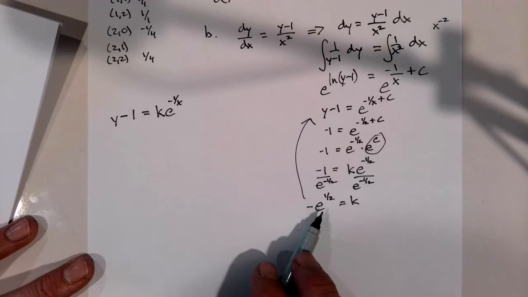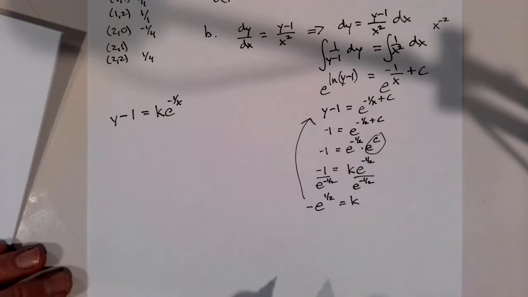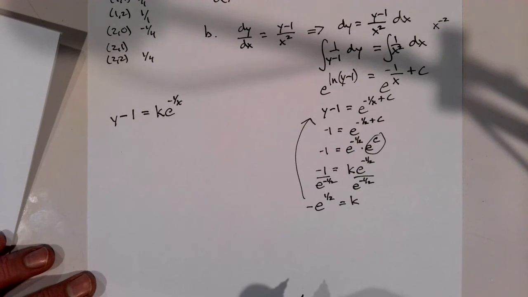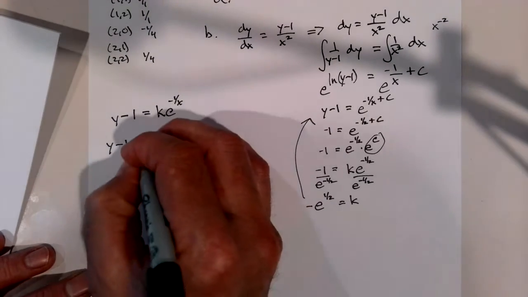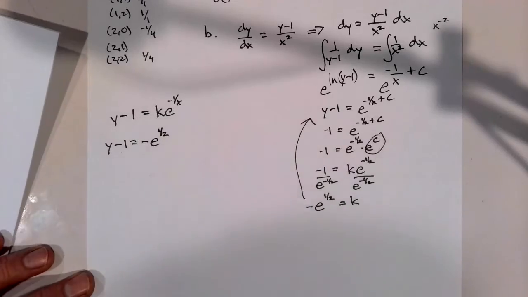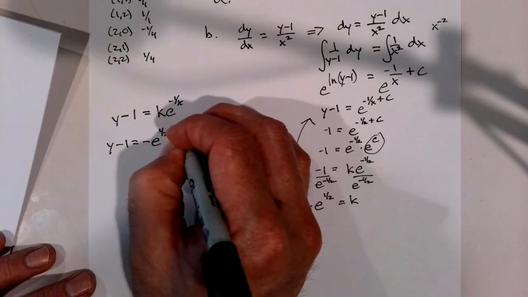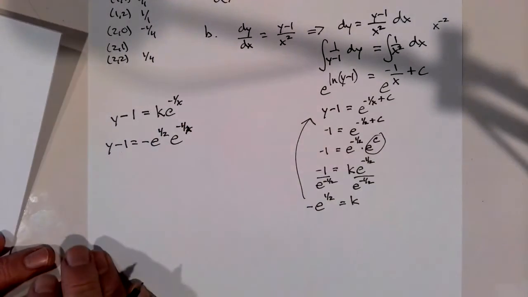Now you know that constant is negative e to the 1/2 power. So y minus 1 is equal to negative e to the 1/2 power times e to the negative 1 over x.